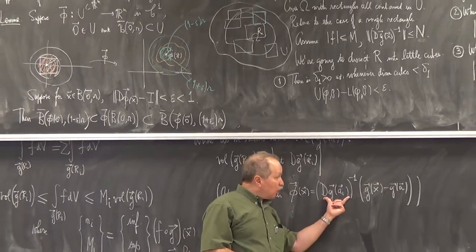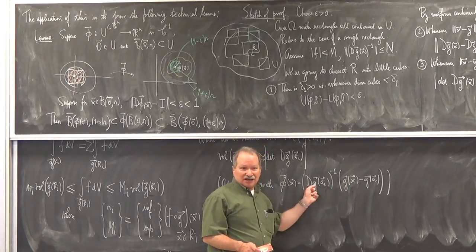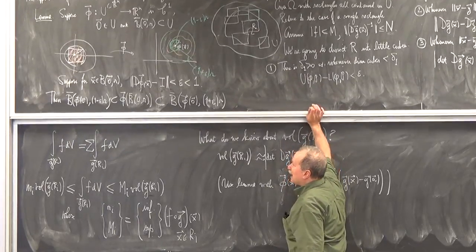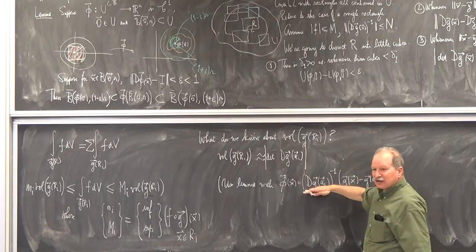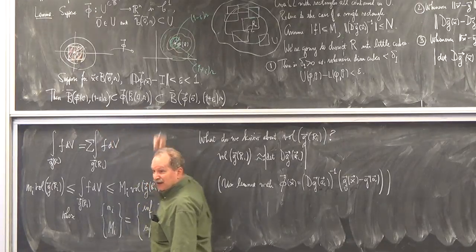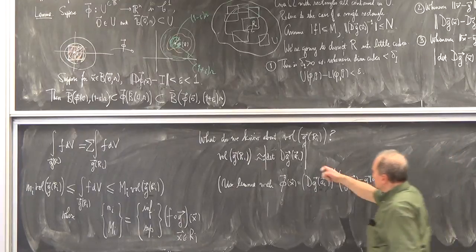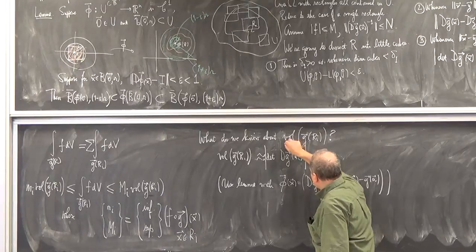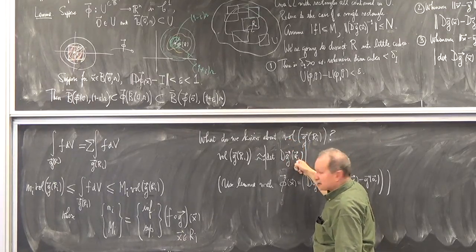And because g is C1, for nearby x's the derivative will be very close to the identity. So you use the lemma to deduce that if you distorted g by this linear map factor, you would end up with this stuff here. It's written out more carefully in the book. What that tells you is that the volume of g of R_i is this distortion factor coming from approximating the function by the derivative at the center of the cube.